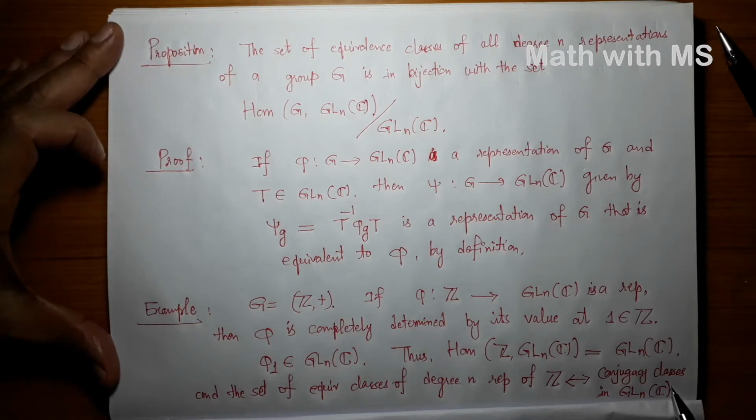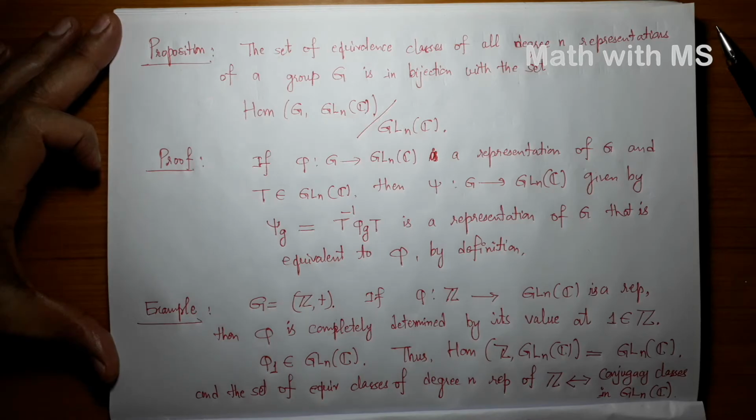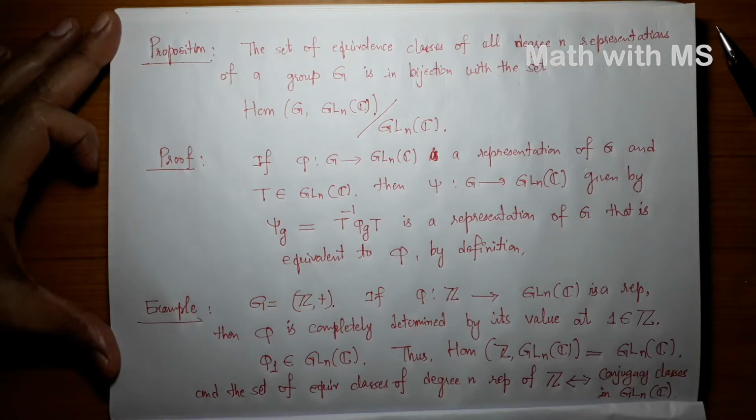So here it is quite an interesting set: the set of all conjugacy classes of GLnC parameterizes all equivalence classes of degree n representations of the integers.